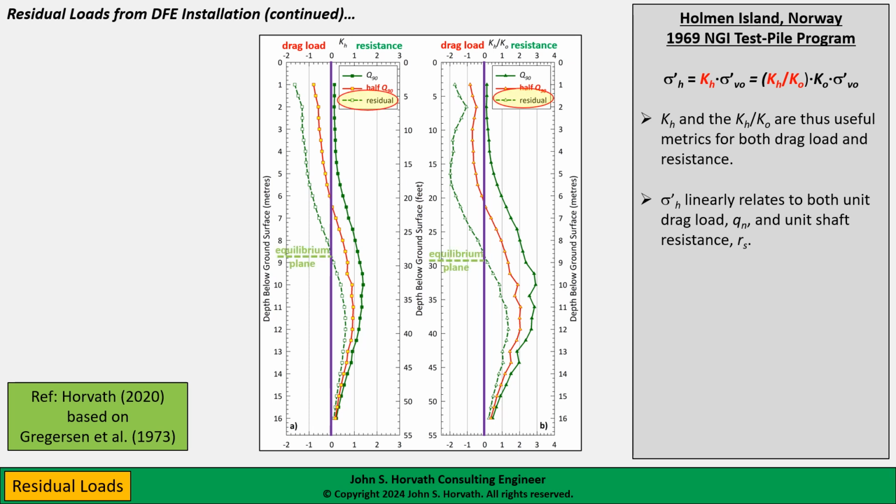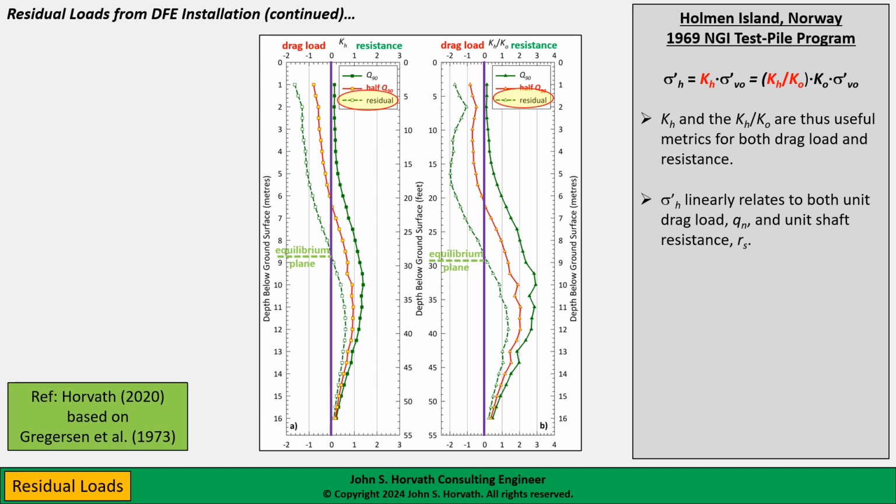So if we look at the residual loads, this is the dashed green curve, we see there is considerable residual load from installation. And again, this was an all sand site, so we would not expect much, if any, global settlement. So all of these drag loads are from residual loads from installation. So quite a bit of drag load.